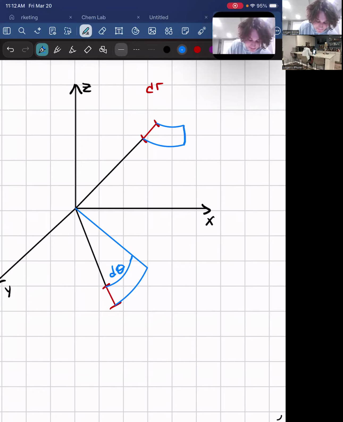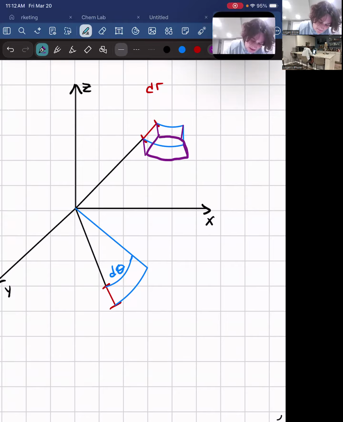That forms our 2D value, and then we'll drop it down here. When we do this, we form our spherical shell.